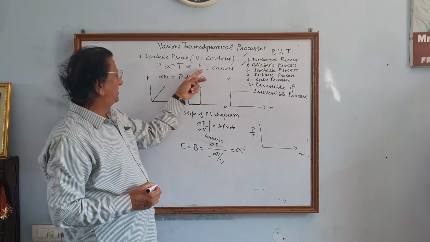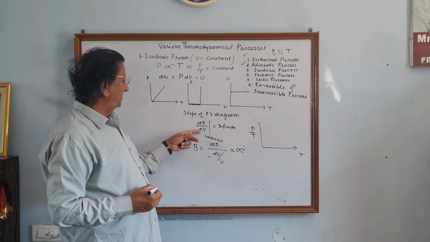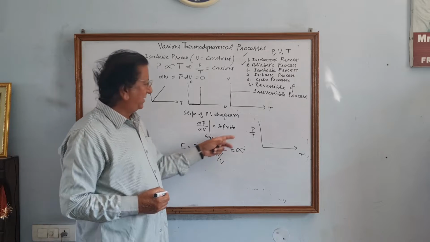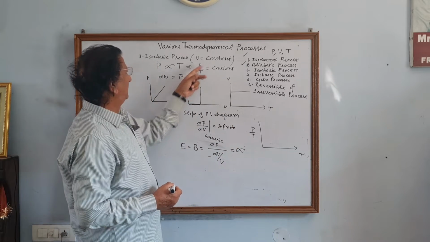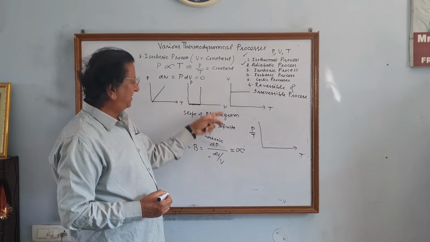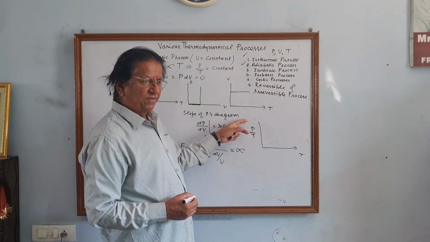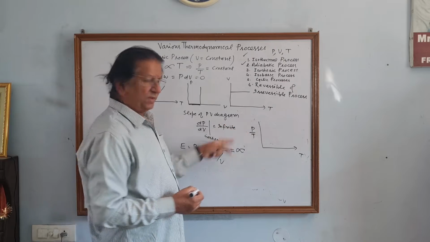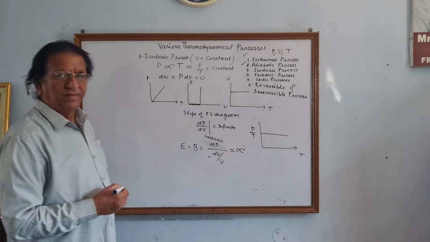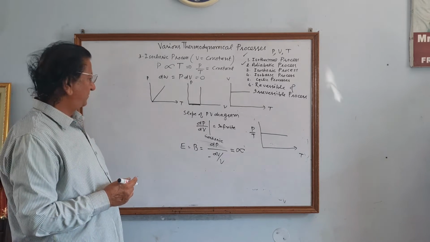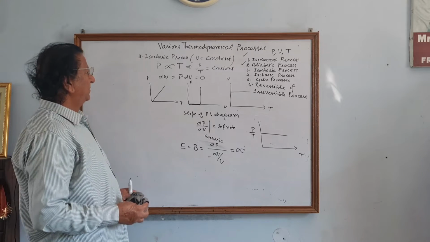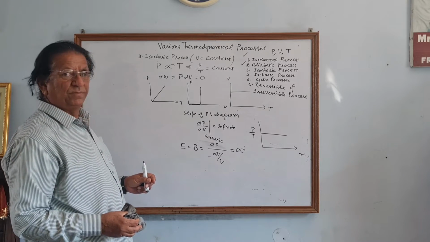When volume is constant, there is no change in volume, and the P by T ratio is also constant. So P by T is constant, meaning Y is constant. So the graph will be parallel to the temperature axis. Clear?